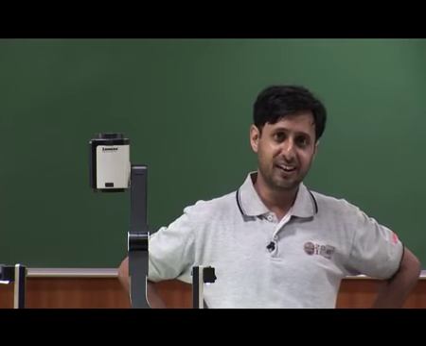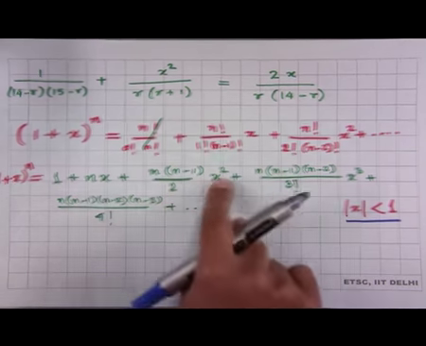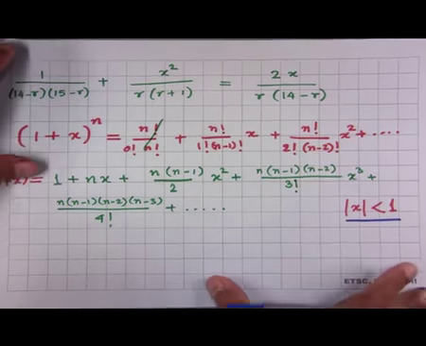To solve this, I can use my binomial theorem, or rather the generalization of the binomial theorem, right. It is conceivable that I just plug in whatever is the value of n, x, etc. into this and work it out.